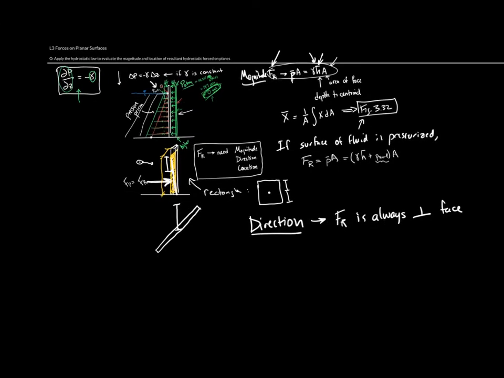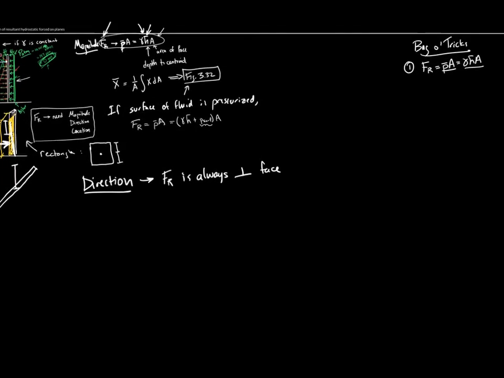So that doesn't even go into our bag of tricks. Maybe I could say FR perpendicular to face, but I don't even think we need that one. You should just memorize that and learn that. Pressure is always perpendicular to the thing that it's pushing on. That's just how it is. Pressure does not create shear forces, so we can't go there.